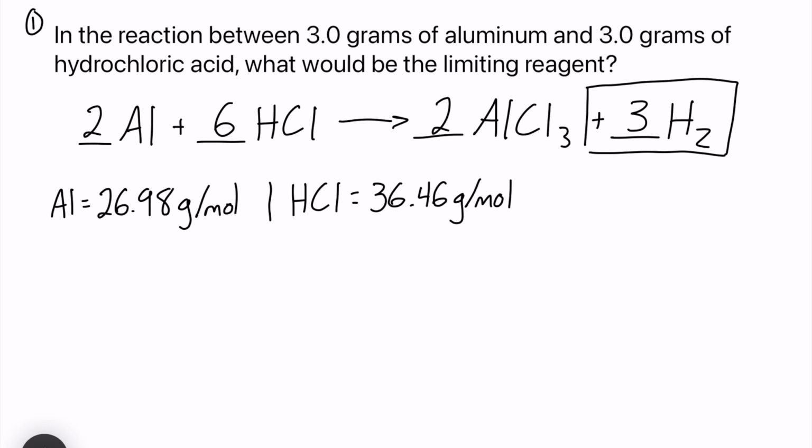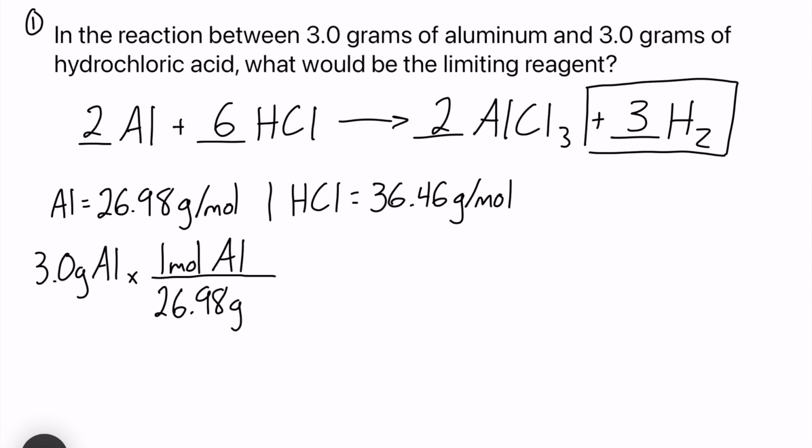First off, I'm going to go from 3 grams of aluminum to moles of hydrogen and see how much hydrogen is made. With that, I'm going to go from 3 grams of aluminum. First, I need to get moles of aluminum, so I'm going to divide by its molar mass, which I have already.